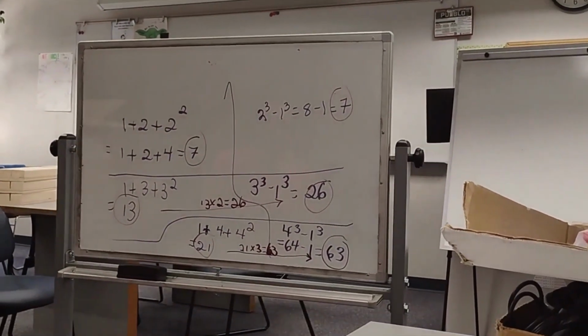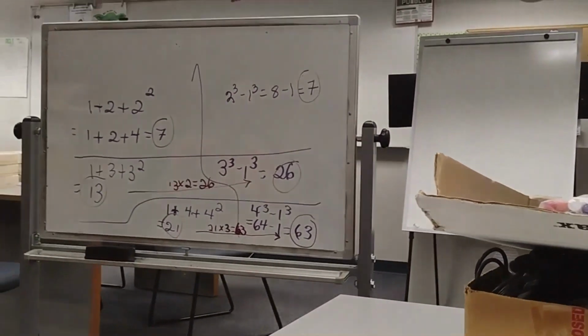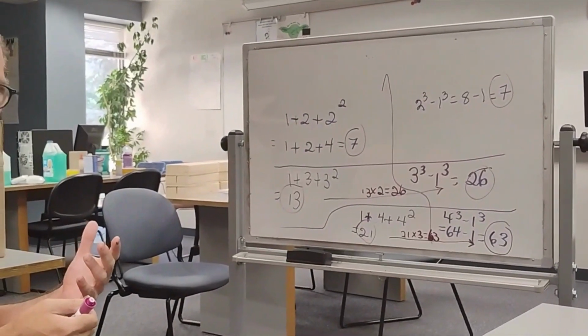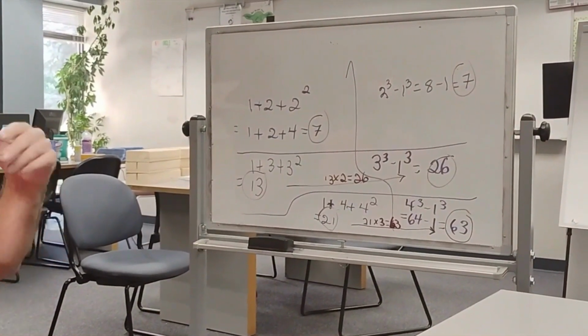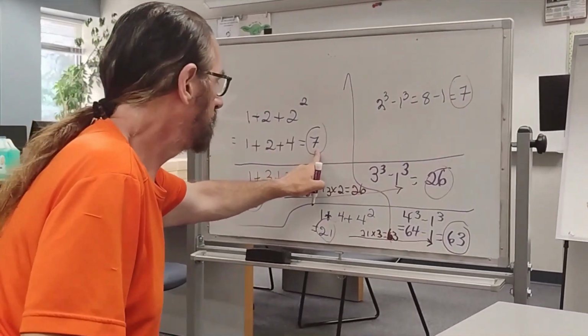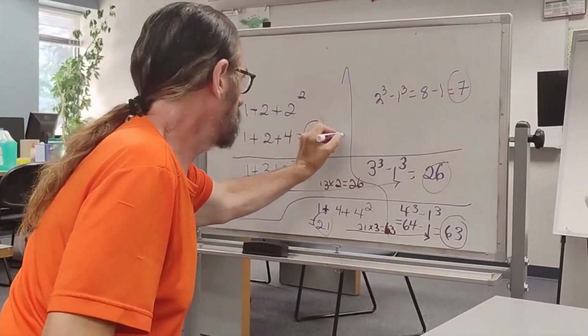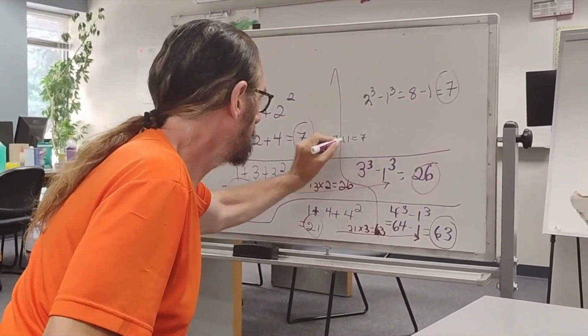Just like with the difference of squares, we're looking to write this as a product of two things. The fact that this stayed the same, we could say that we'd multiply it by 1.